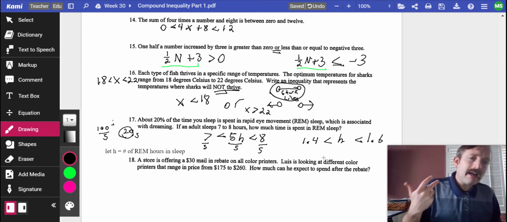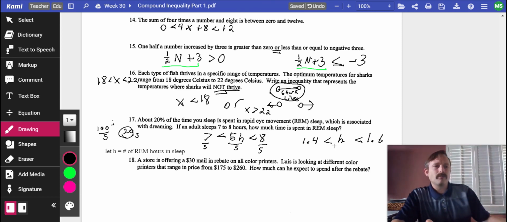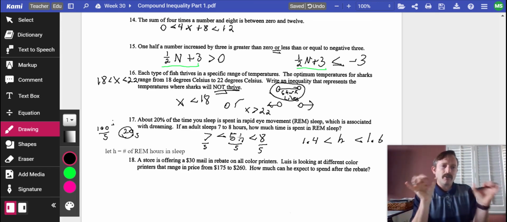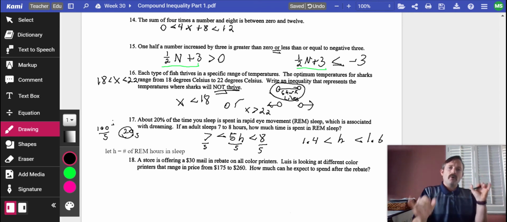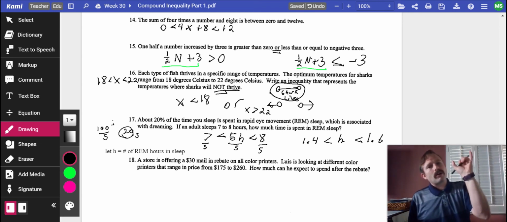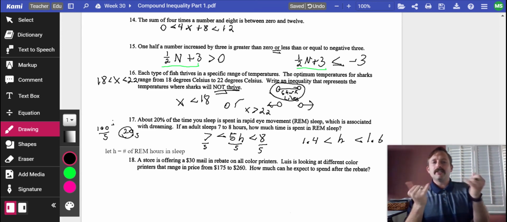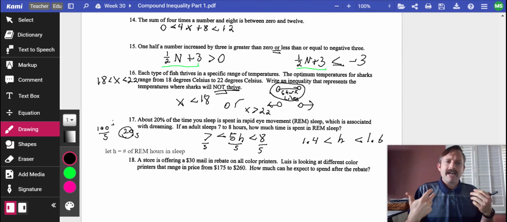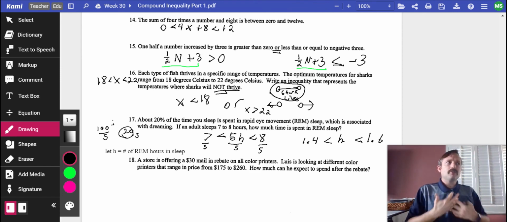So between 1.4 hours and 1.6 hours is how much REM sleep you get. Now on this, I want to do it like this. I would separate it into two different inequalities and then solve for 7 is less than 5h, and then solve for 5h is less than 8, each one of those, and then bring them back again. Just so that I know that I am using the properties of equality correctly.